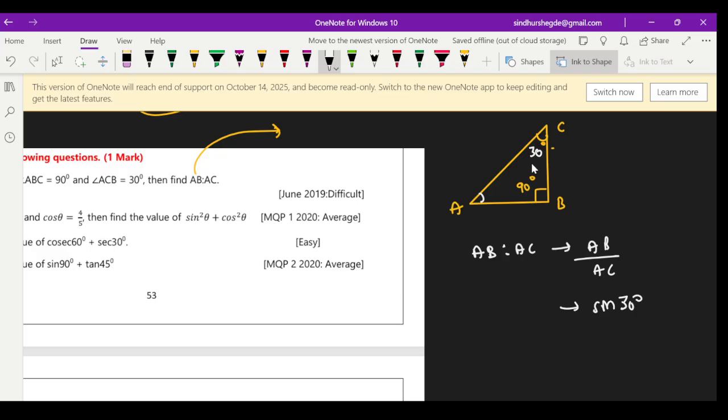See, with reference to 30 degrees, what is the opposite side? Opposite side is AB. And with reference to 30, what is the hypotenuse?